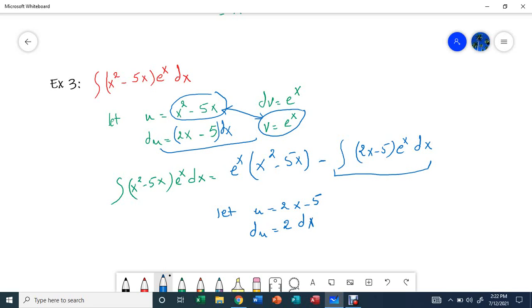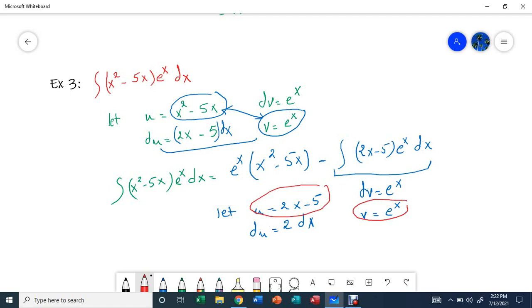And same thing for dv, e to the x dx, and v is gonna be the same thing, e to the x. And now you multiply u by v, so this is u, and this is v.